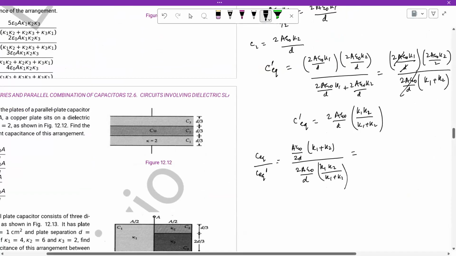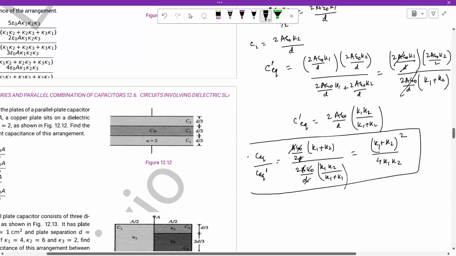So A epsilon naught cancels, D cancels, this 2 goes downstairs, and this K1 plus K2 goes upstairs. So it becomes K1 plus K2 whole square divided by 4 K1 K2. That would be the answer, right?